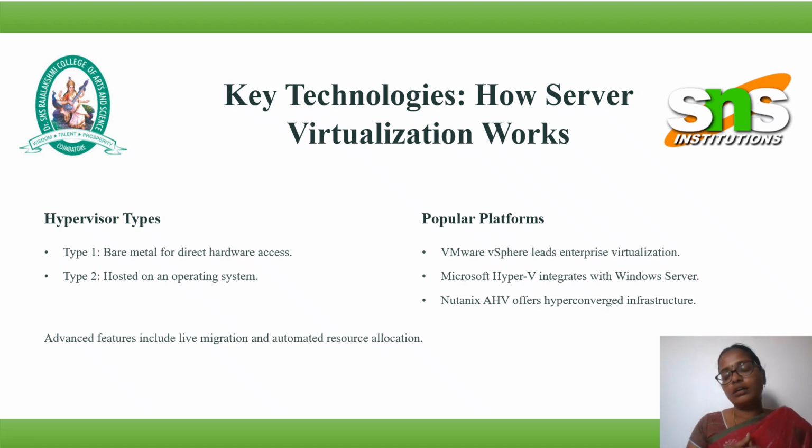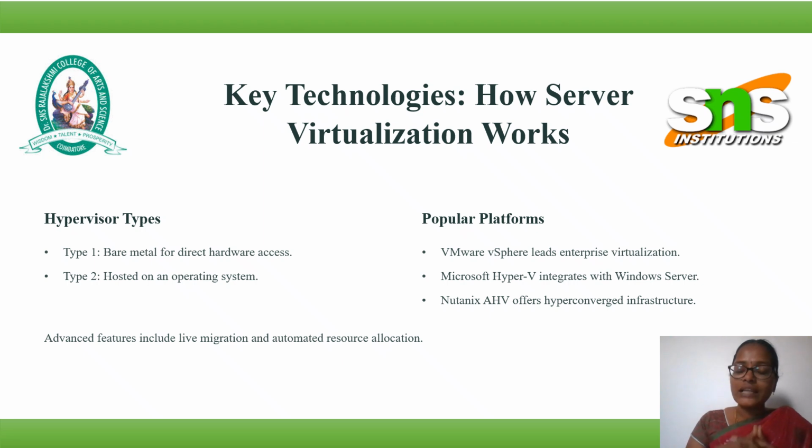Here we are using popular platforms like VMware, Microsoft Hyper-V, and Nutanix AHV. These are very familiar hypervisors and virtual machines. By using these, we are creating a server virtualization.